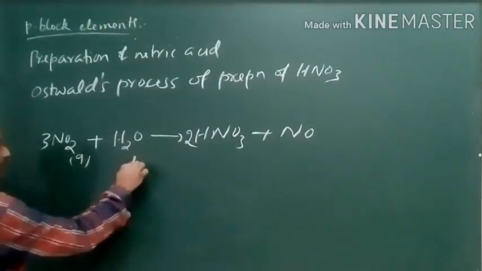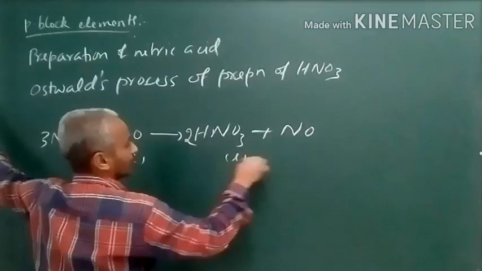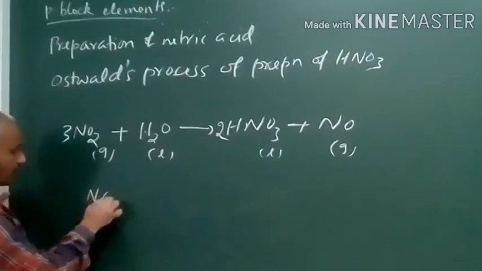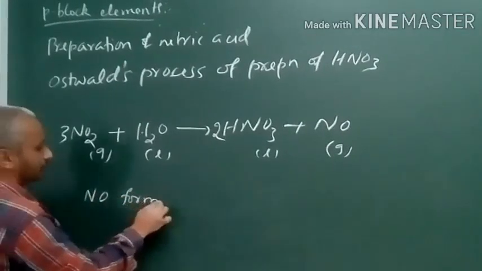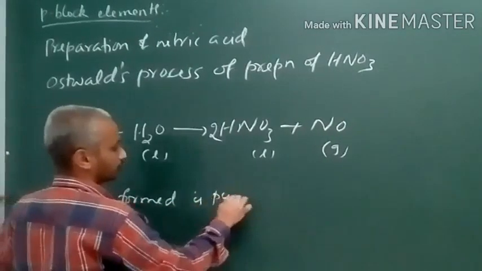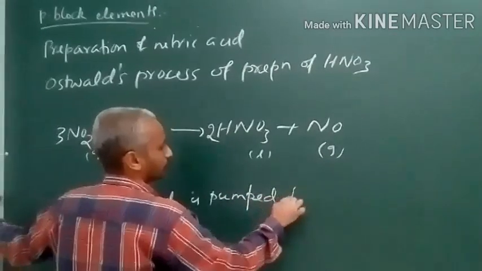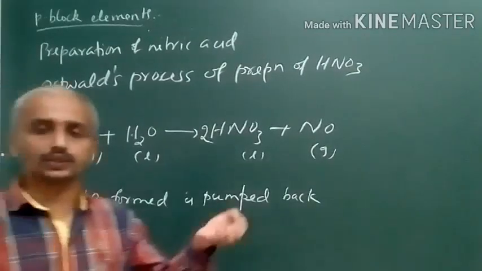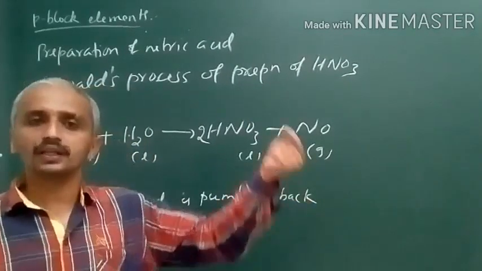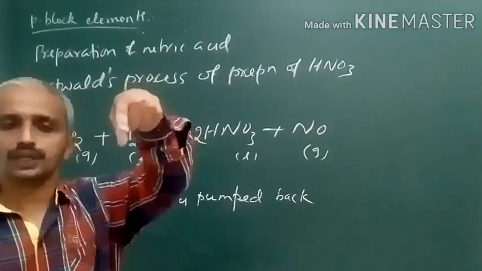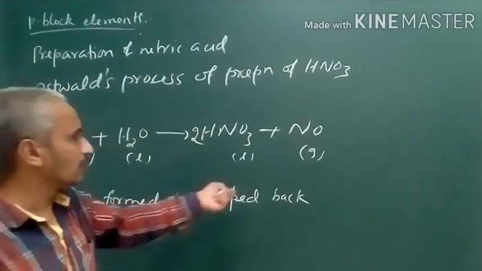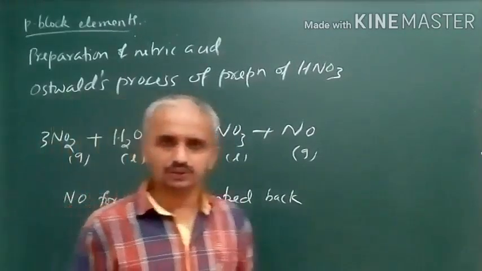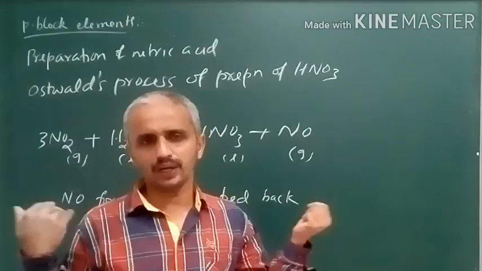NO2 is a gas, water is a liquid, HNO3 is a liquid, NO is a gas. The nitric oxide formed is pumped back to the second step, because ammonia on oxidation gives nitric oxide, then the nitric oxide combines with oxygen to give nitrogen dioxide, so that the loss of nitric oxide can be reduced. Cost-wise, we can reduce the cost.